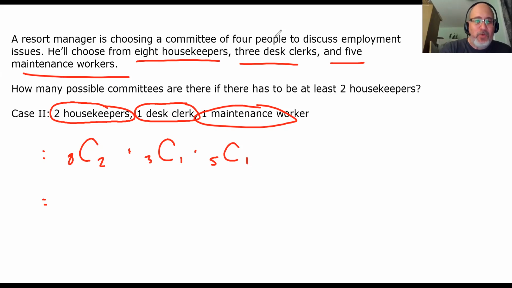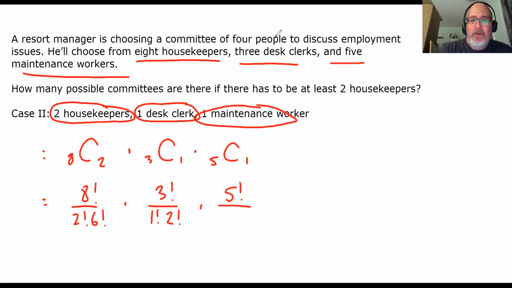Well, this one's the same as it was before, so I know what that's going to do. It's 8 factorial over 2 factorial, 6 factorial. The 3C1 will have a 3 factorial on top, a 1 factorial on the bottom, and the difference 2 factorial on the bottom. 5C1 will have 5 factorial on top, 1 factorial on the bottom, and the difference 4 factorial.